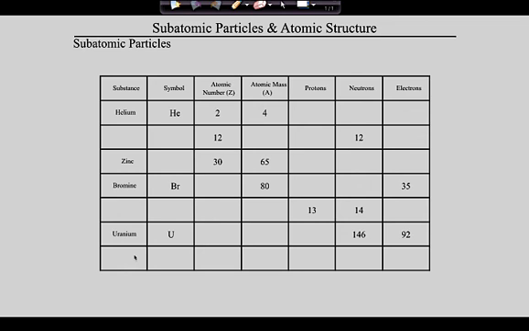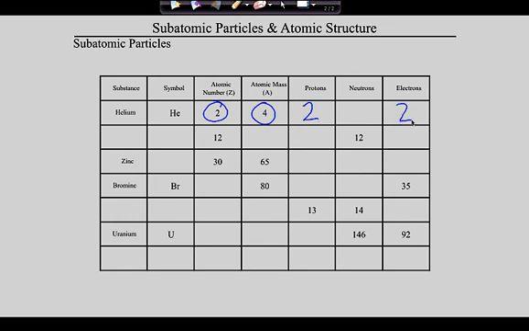So what you're trying to do is fill in the boxes. So we take a look at helium. Helium, guys, is element number 2 with a mass of 4. So if it is element number 2, atomic number 2, how many protons does it have? 2. Now, once we know protons, we also know what?